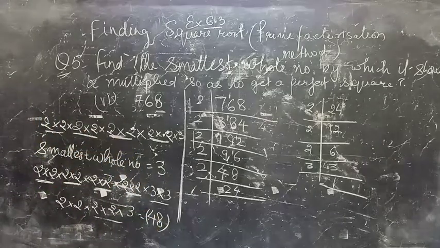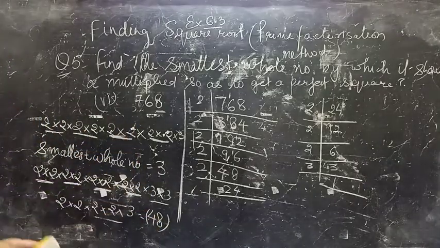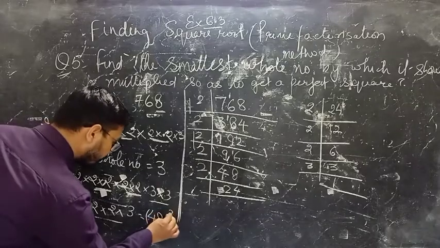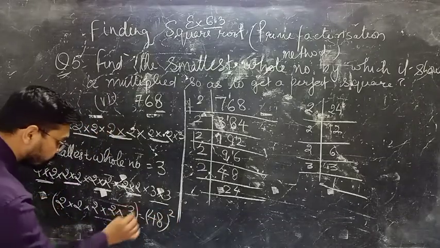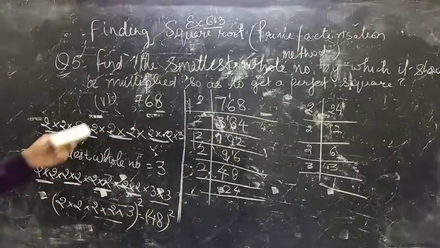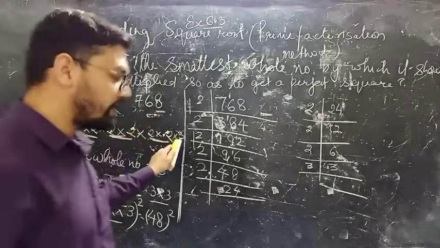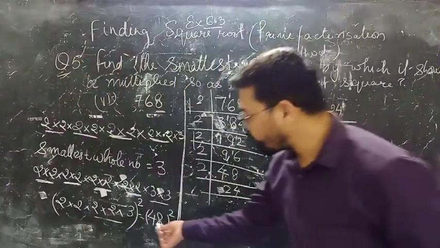So 48 squared. You can write it this way. So after multiplying 768 with 3, it becomes a square of 48.